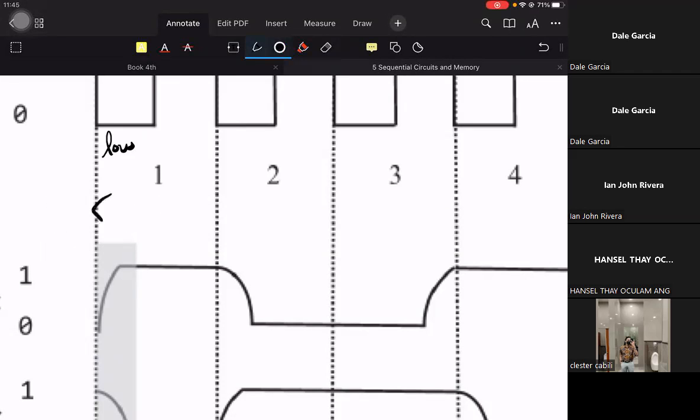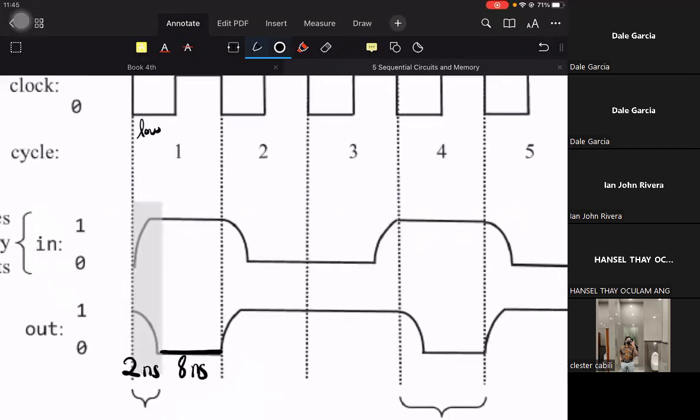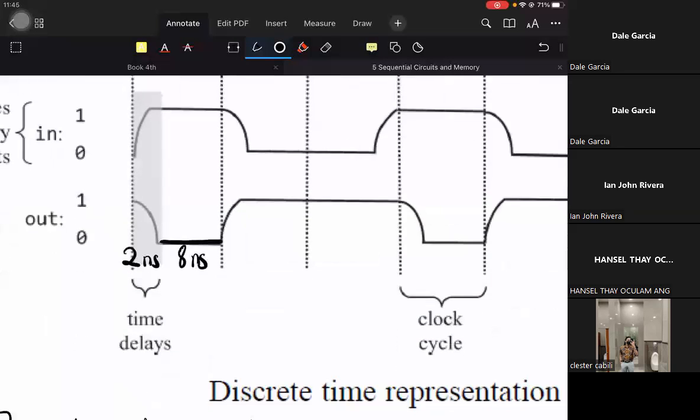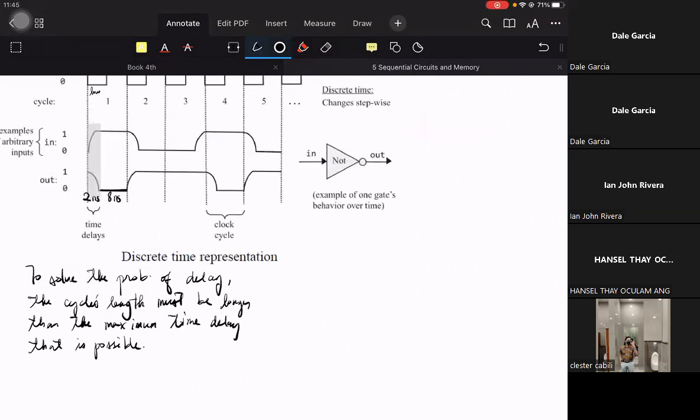So the point is, our intent is we want our cycle to be longer so as to neutralize delay. But we also want our cycle to be shorter because the shorter the cycle duration, the faster the computing speed is. So there is the dilemma actually. On one hand, the cycle should be long to contain and neutralize any possible delay.